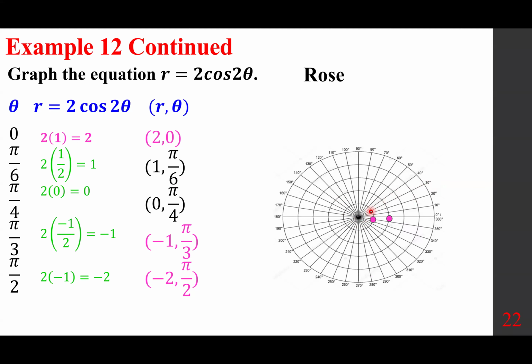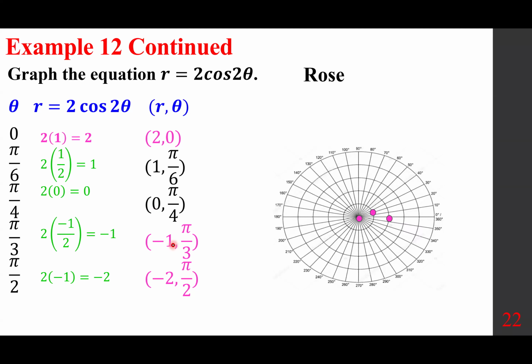Then 0, pi over 4. Pi over 4 is 45 degrees. But remember, when r is 0, it represents the pole, regardless of what this one is. So 0, pi over 4 represents the pole.